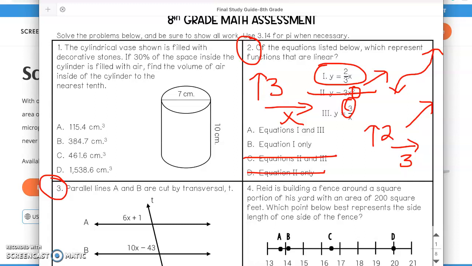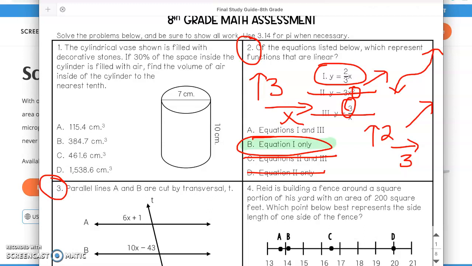It's not telling us that 3 is our slope. It's telling us that 3 over x is our slope, which doesn't really make any sense, and it's really hard to figure out. So we're just going to nix that. If the x is under the 3, it can't be a part of the slope. So the only one that really works here is b. So we're just going to highlight b, and that's it for number 2.